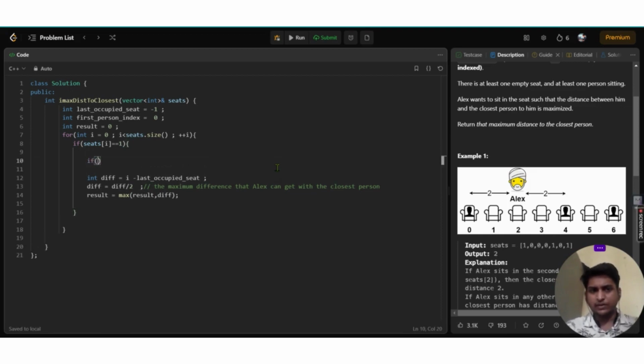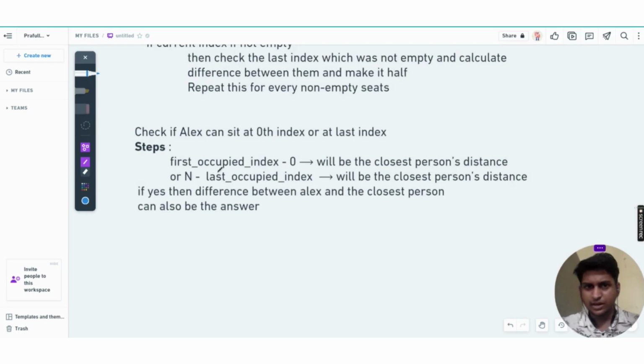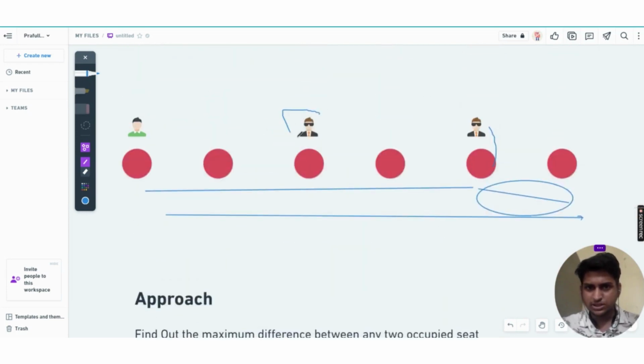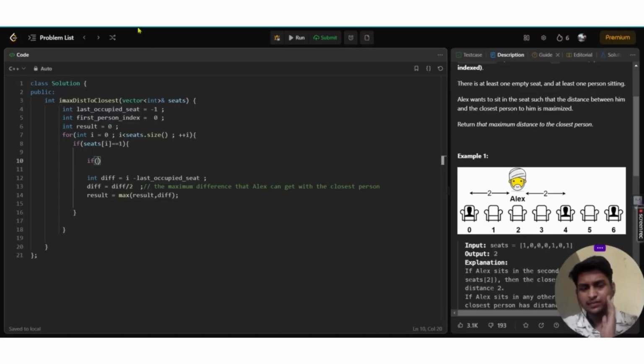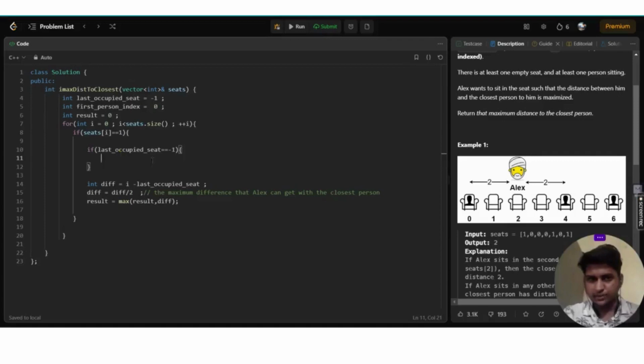To calculate the edge case, we need to keep track of the first occupied index. Like we need to calculate this person's index. How can we do that? Very easy. If our last occupied seat was initially set to -1, then if we got any occupied seat, it means that this is the first seat which is occupied.